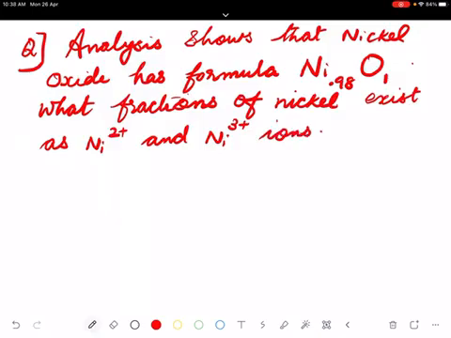That means some of this Ni2+ are replaced by Ni3+.